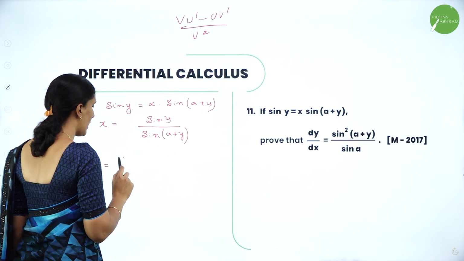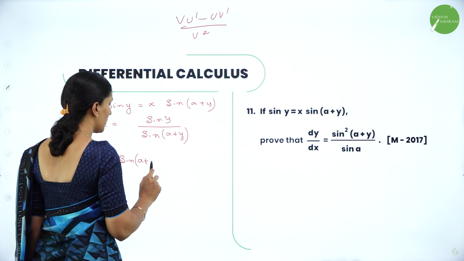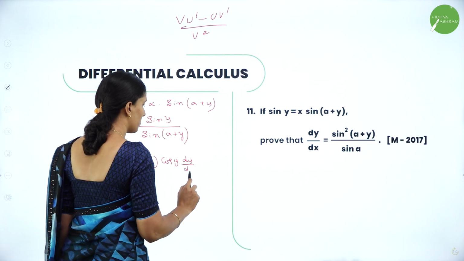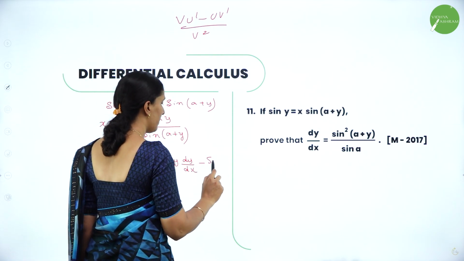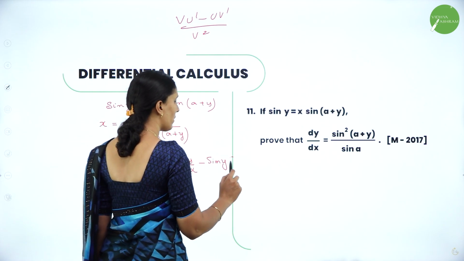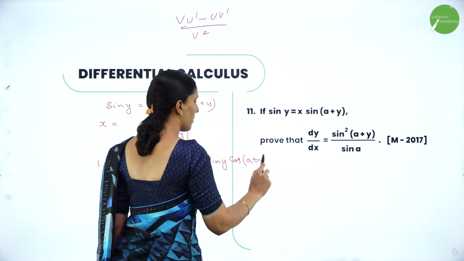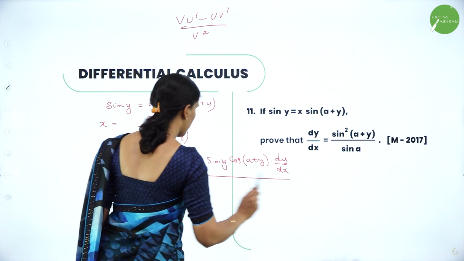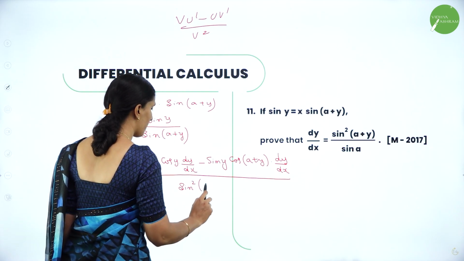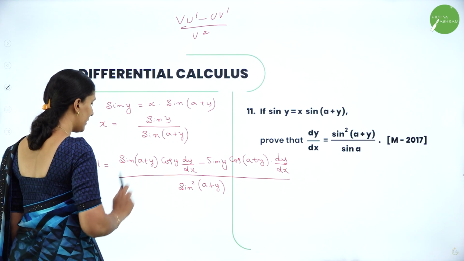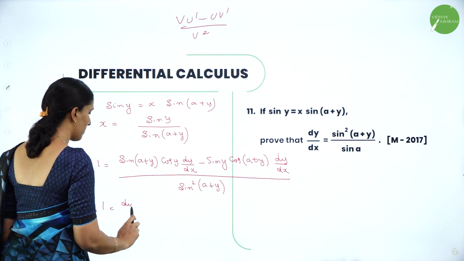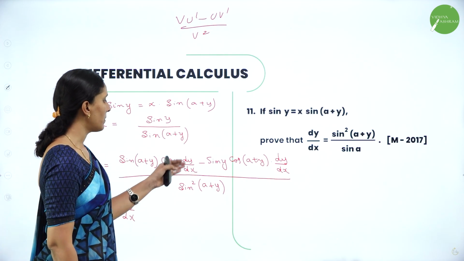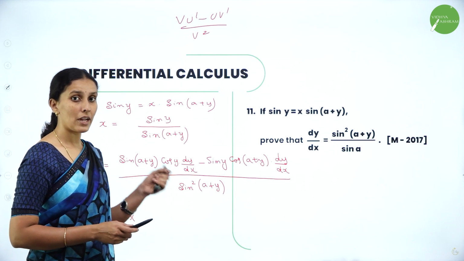So here sin a plus y, derivative of sin y is cos y into dy by dx. Minus next we have sin y, derivative of sin a plus y is cos a plus y into dy by dx whole divided by sin square a plus y. Now if I take dy by dx as a common factor here, the numerator will be in the form of sin a cos b minus cos a sin b, which can be written as sin of a minus b.